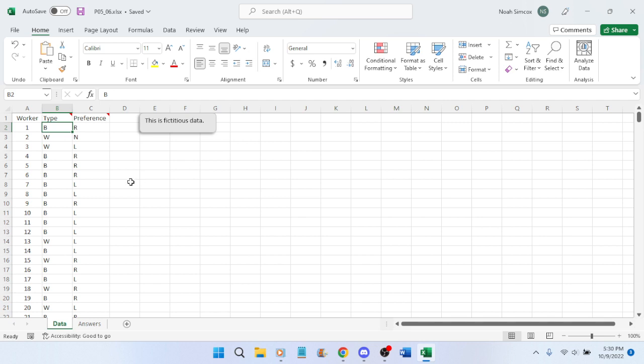I know a way to do it, it's just inefficient. Apparently the pivot table thing is not working. I feel like this is going to be inefficient.